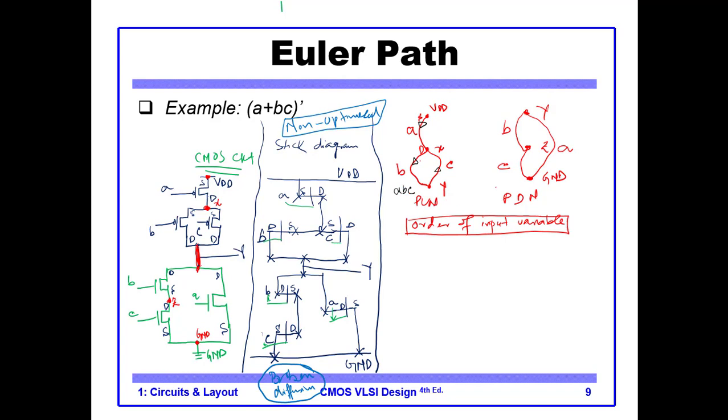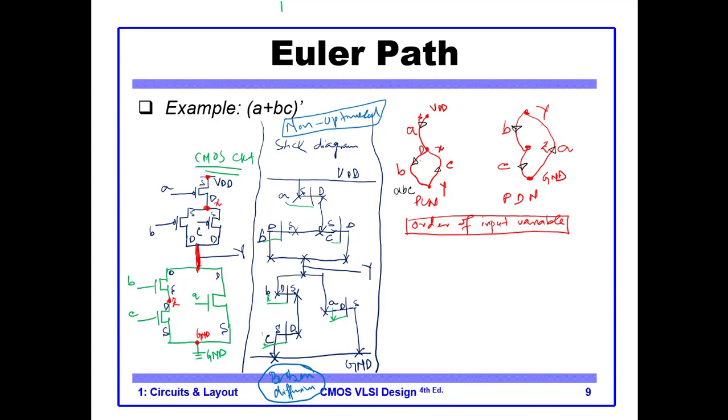Let me see if the same ordering can be found in the pull down network. So we start with A. Okay, can we go from A to B? Yes, there is a path. So we go from A to B. Can we go from B to C? Yes, there is a path, and I come here.